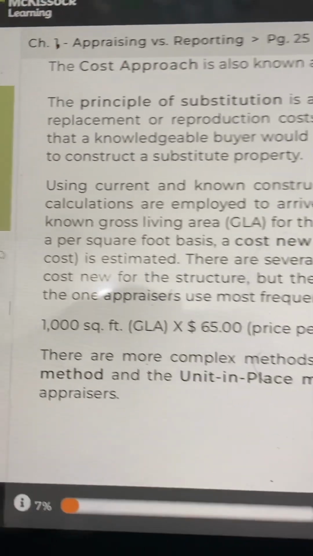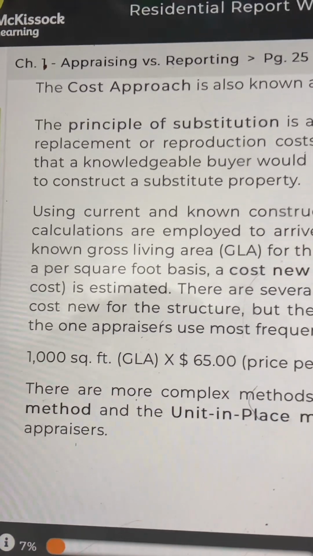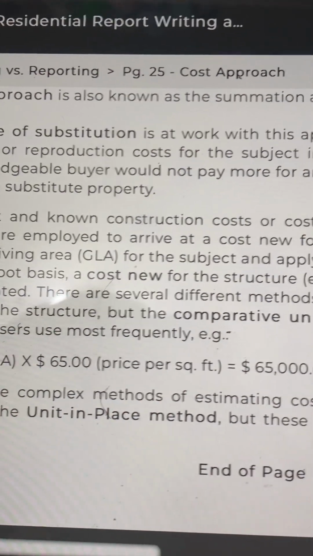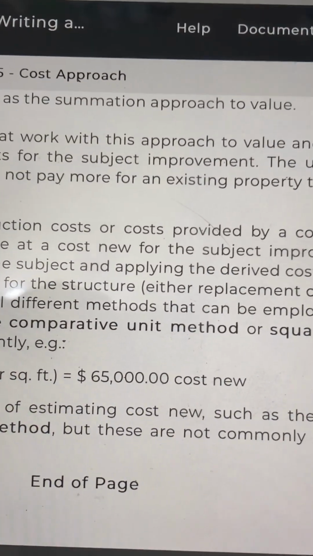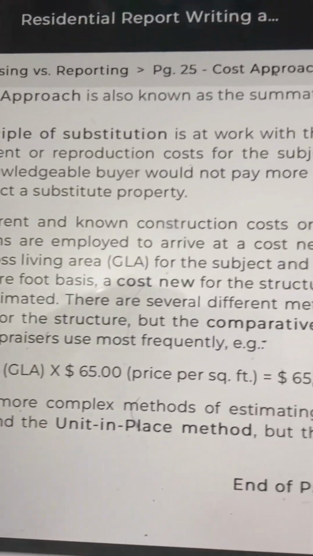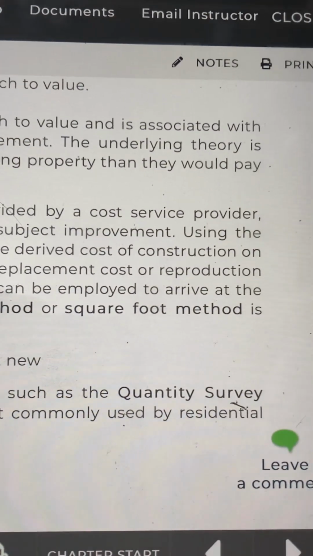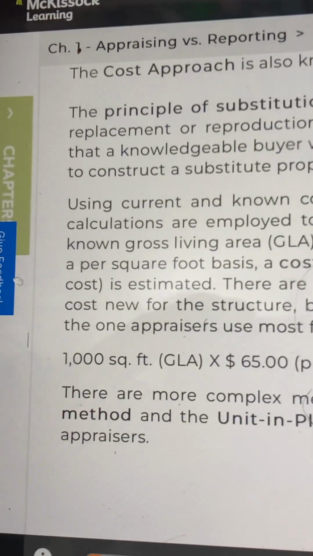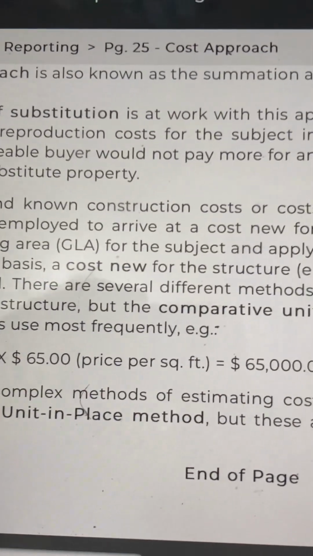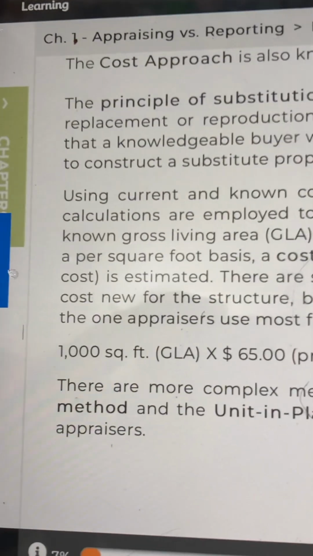For instance, 1,000 square feet, which is the gross living area, multiplied by $65 per square foot equals $65,000 cost new. There are more complex methods of estimating cost new, such as the quantity survey method and the unit in place method, but these are not commonly used by residential appraisers.